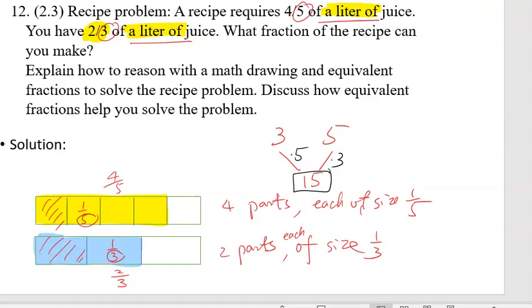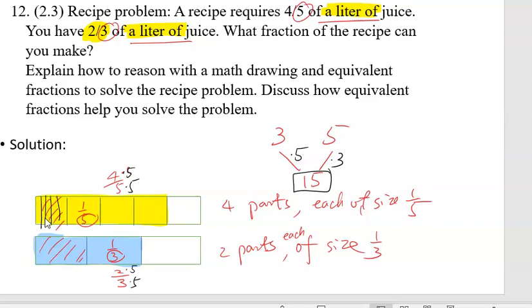Once we figure this out, we just need to do more division. For the first fraction, 4/5, we multiply both the top and bottom by 3, which means we divide each yellow part into 3 equal parts: 1, 2, 3.